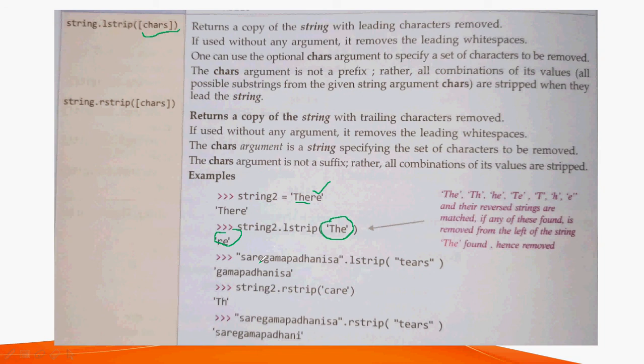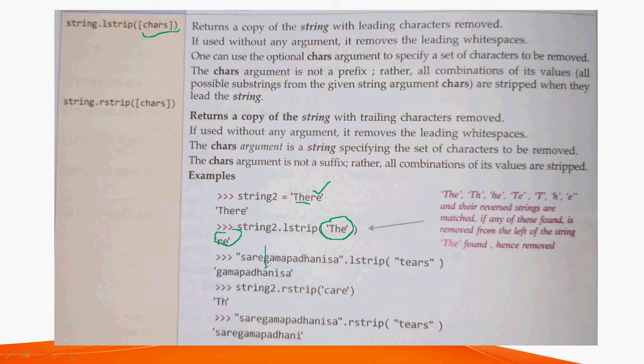Now, second one is sa, re, ga, ma, pa, dha, ni, sa. This is our string. Dot L strip TEARS. Look at this, TEARS. So, L strip tears. If it finds any of these characters, they will be taken out. So, ga, ma, pa, dha, ni, sa. Why?